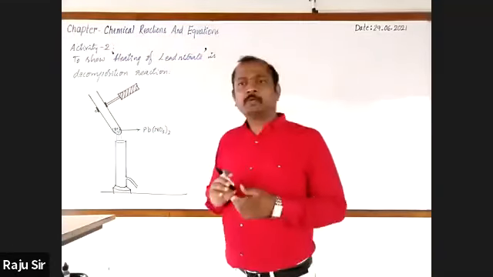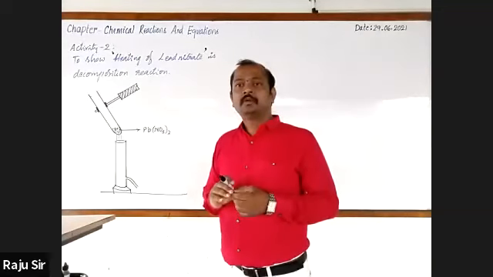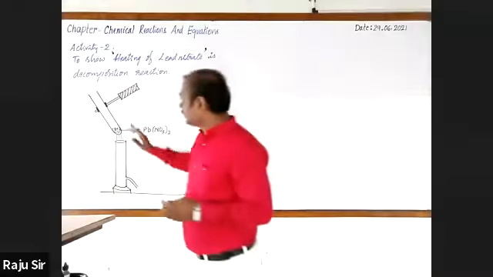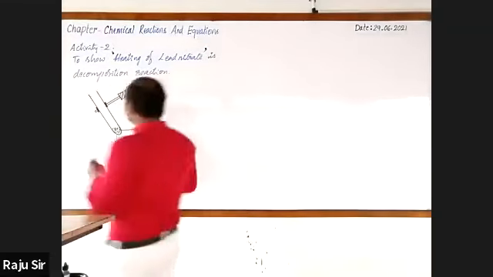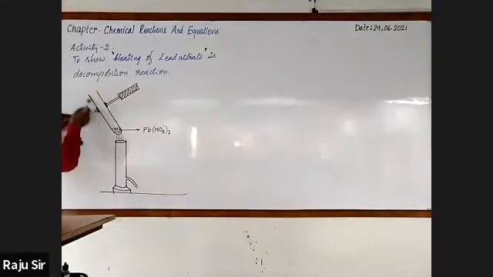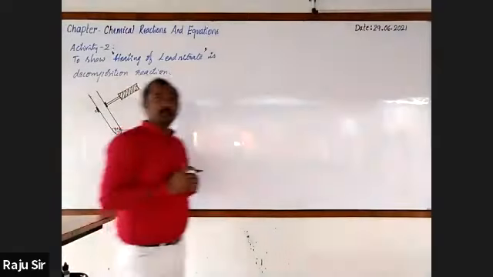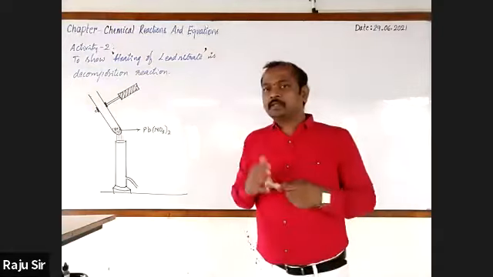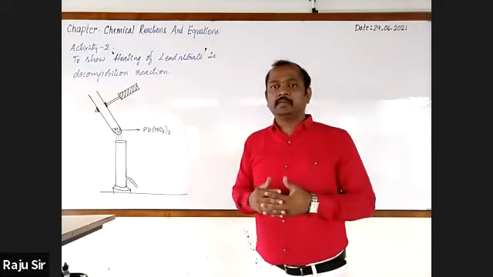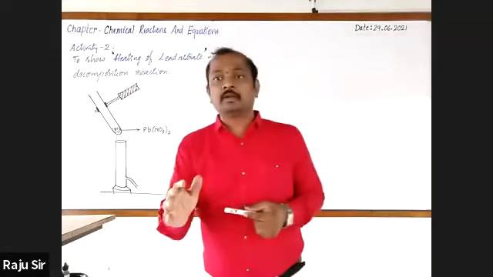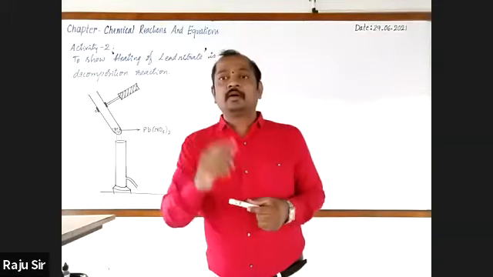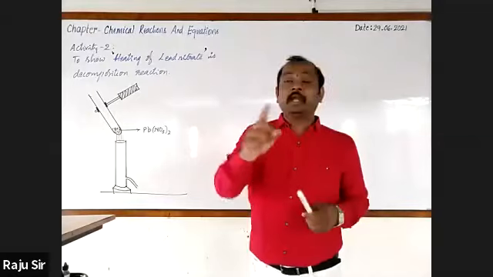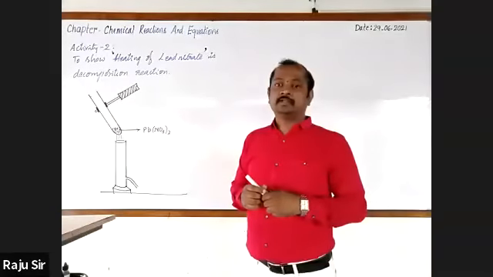Do you know what will be your observation? You will observe that brown fumes will be coming out from the test tube. Do you know what these brown fumes indicate? It is nitrogen dioxide gas.